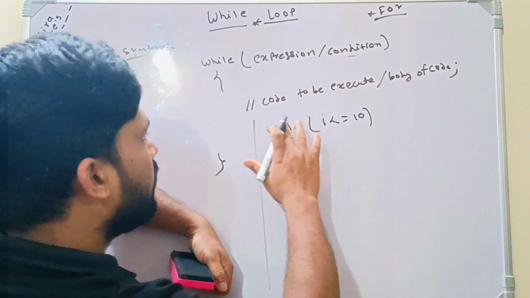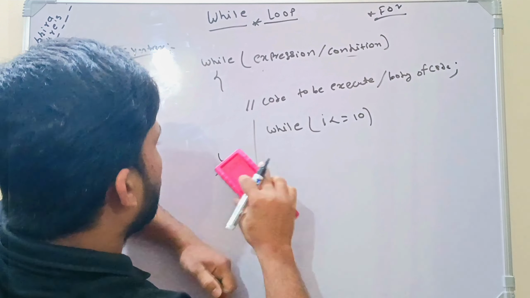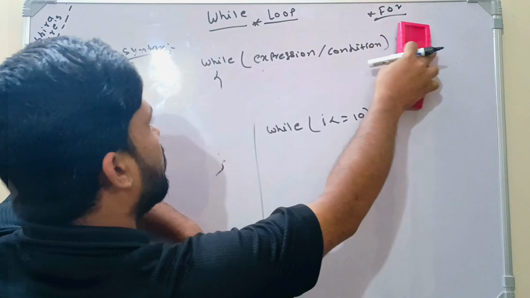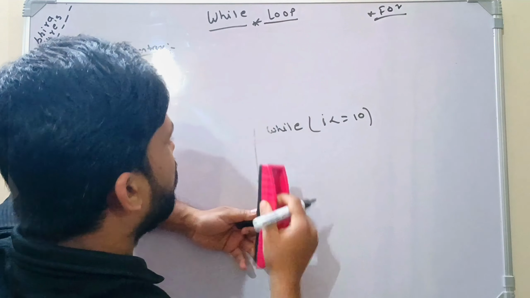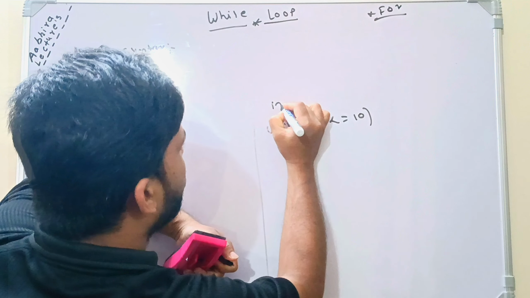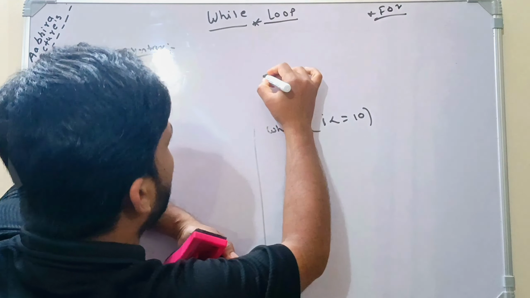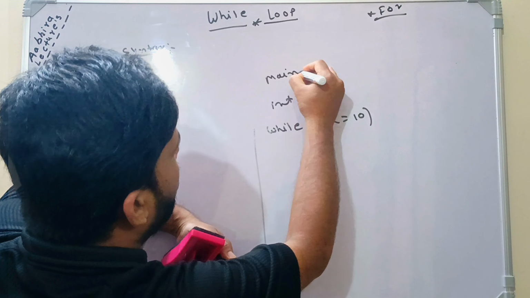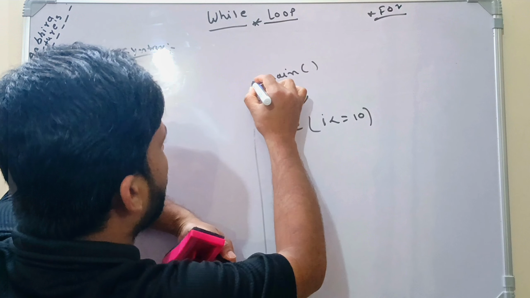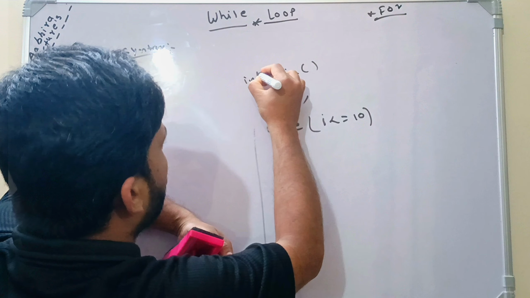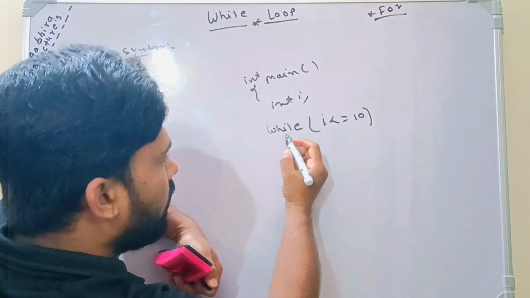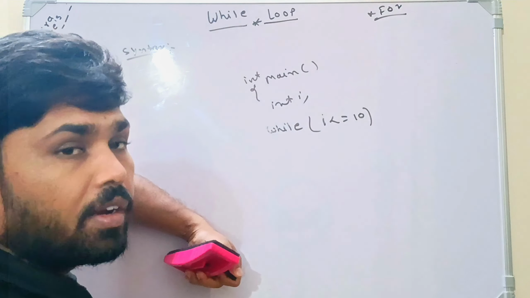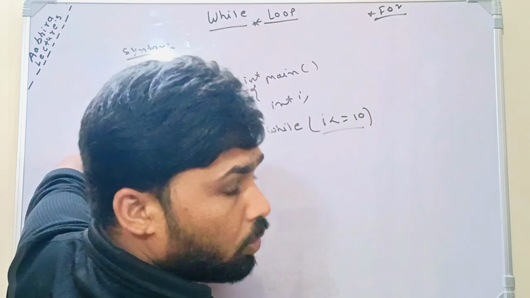Before that, we have to declare i. In main I am writing: declare i, then while, and we check the condition i is less than or equal to 10.